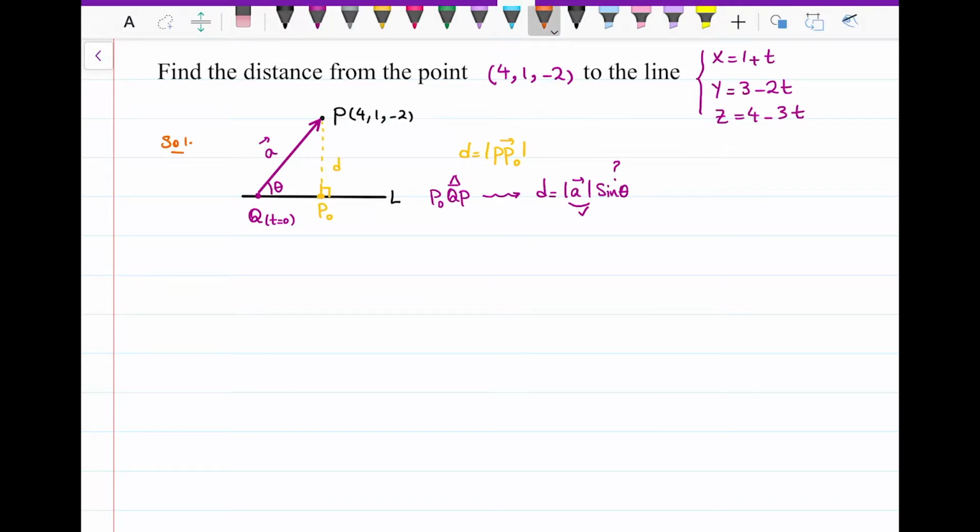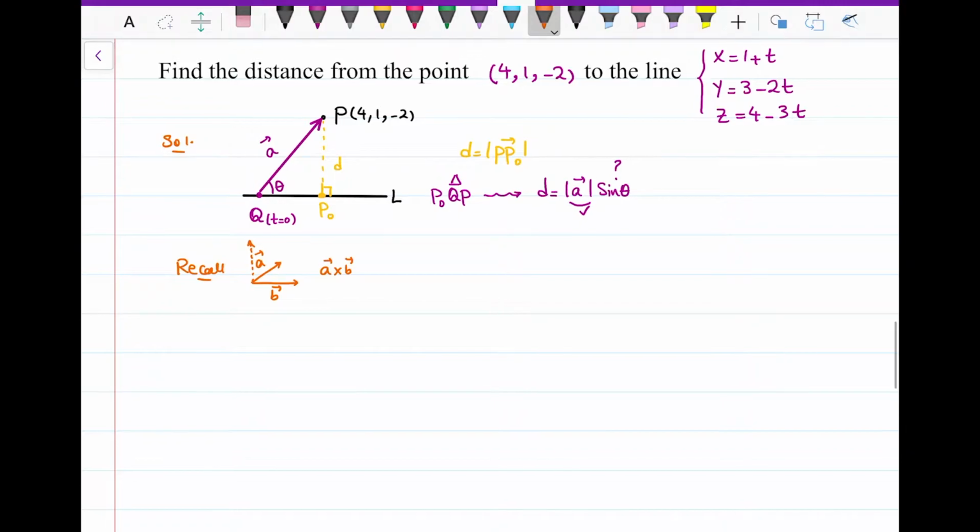What should I do about sine theta? Let's have a recall of the cross product. If I have a vector A and another vector B, the cross product of these two vectors is a vector that is perpendicular to both. That's a cross product vector. But basically, the length of this vector would be the length of A, the length of B, times sine theta, where theta is the angle between these two.